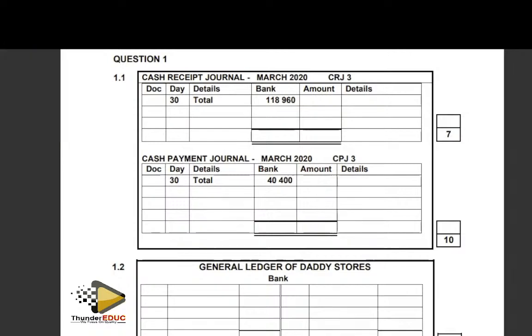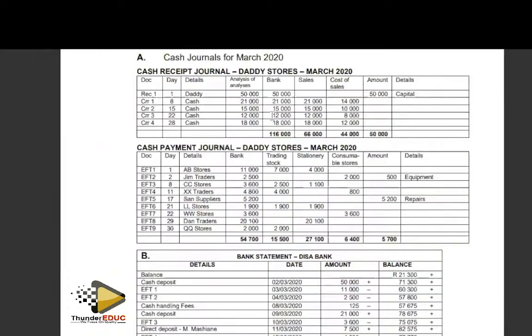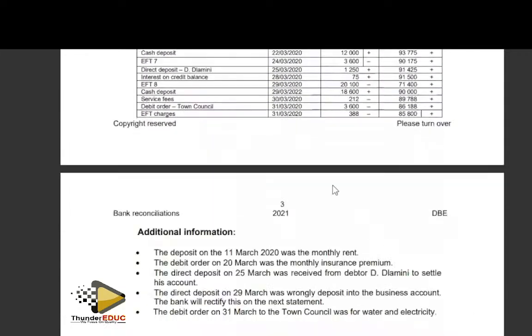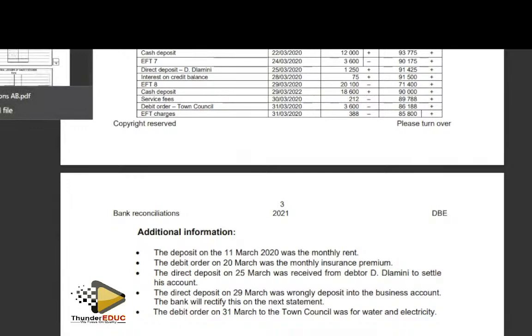It's the same company. So I'm going to change this figure to 116,000. Even the totals they started with were wrong, so we can't take these totals. Let me first change them, then we proceed.